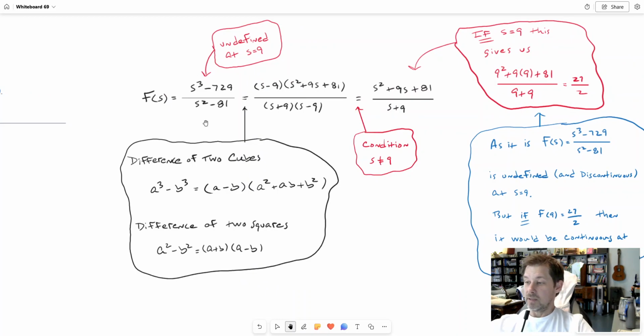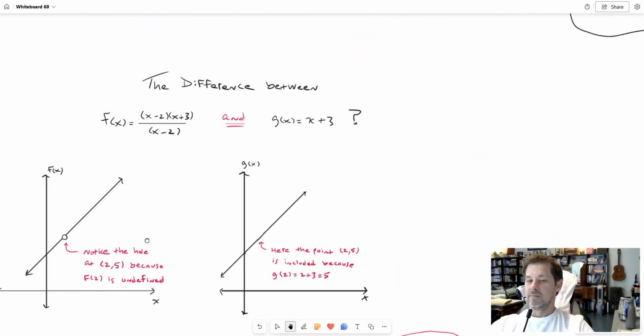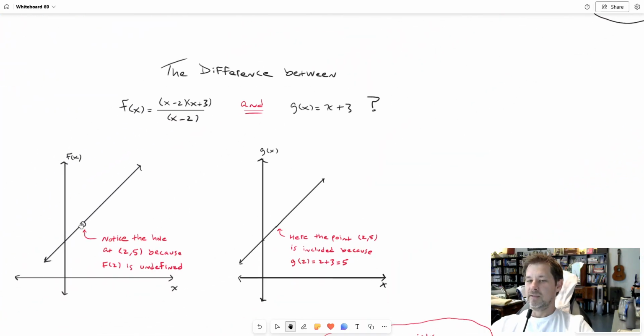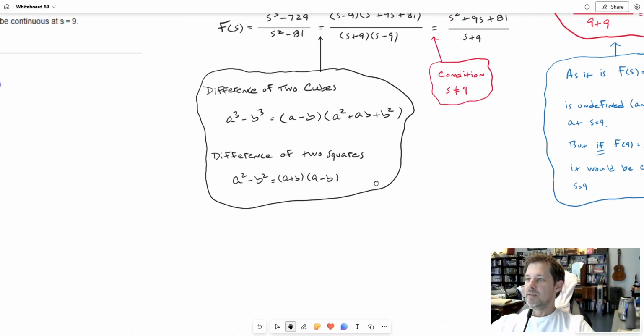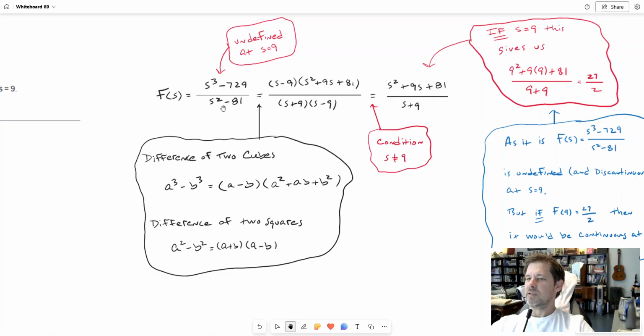That is perfectly analogous to figuring out where that point is and plugging the hole, and then it becomes continuous. So to reduce this to something simpler, I need to know some factoring forms. To factor that top part, it's the difference of two cubes, and for the bottom part, it's the difference of two squares. But I can factor it, and then I can do some canceling, and it reduces to this.